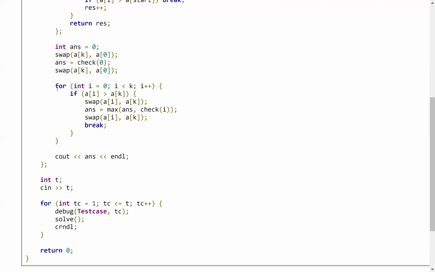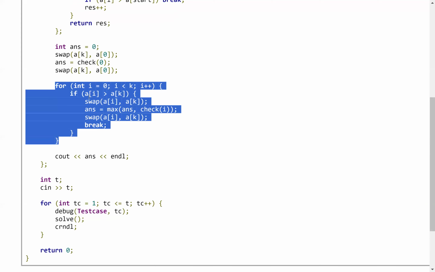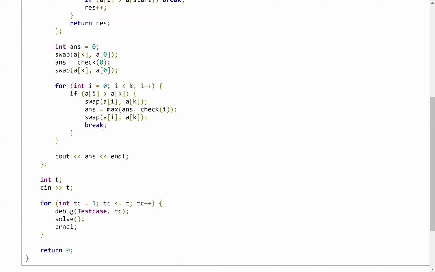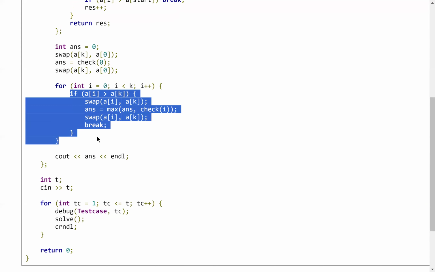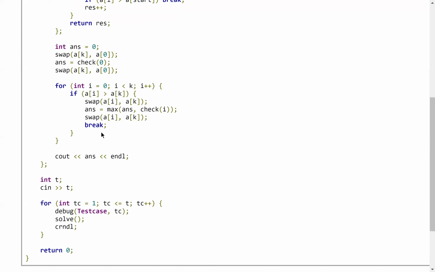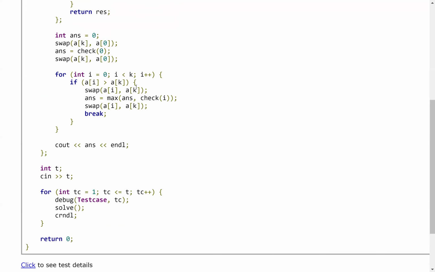After that, I go through a for loop to find the first cow which has a greater rating than you, swap with that cow and then find the answer. Now see one thing, I'm checking only till the cow k, because it will never make sense to swap your cow with some other cow on the right hand side which is greater than you, because it will also result in answer getting zero.